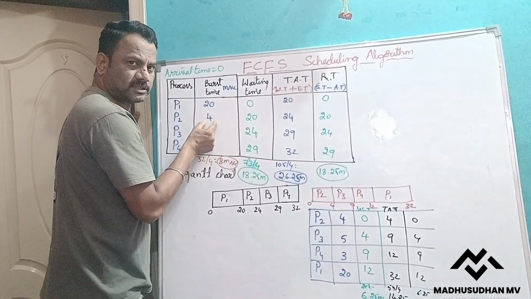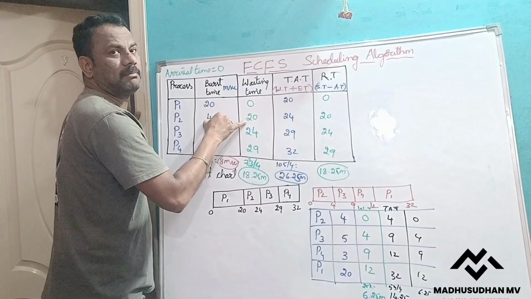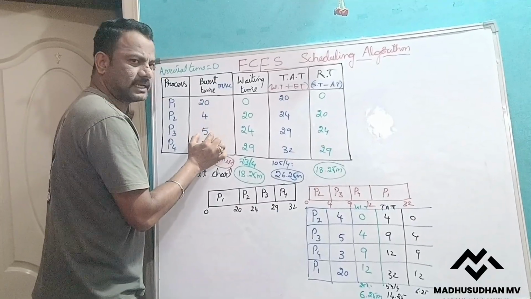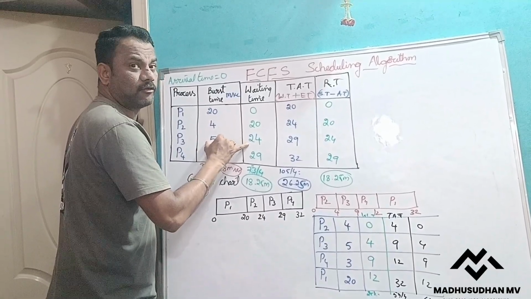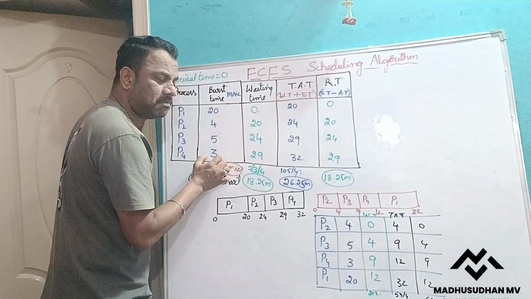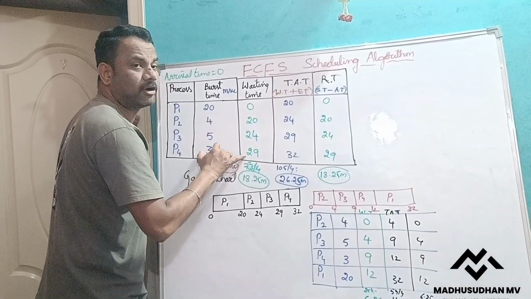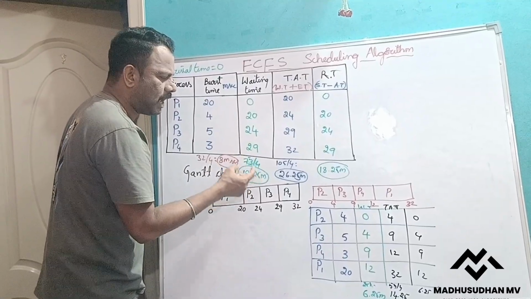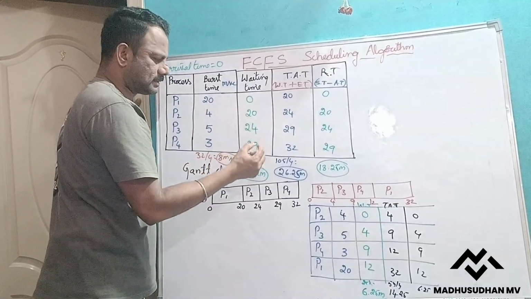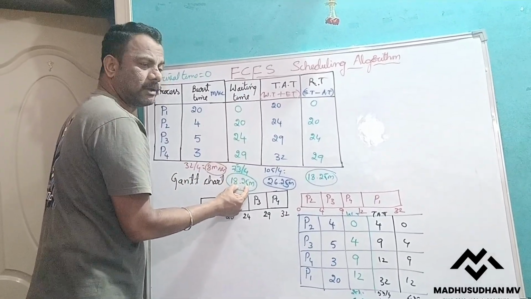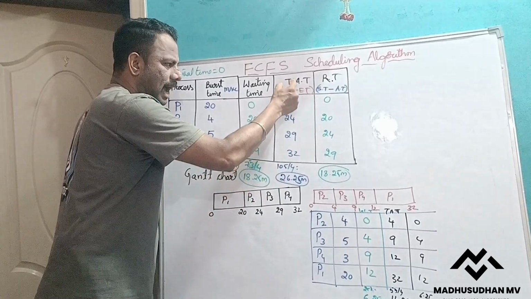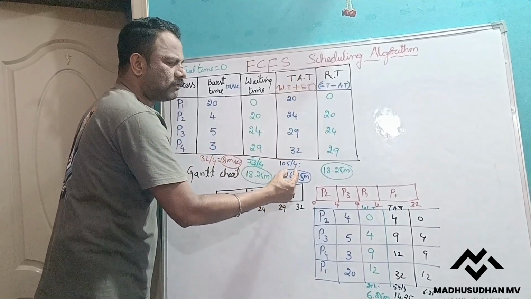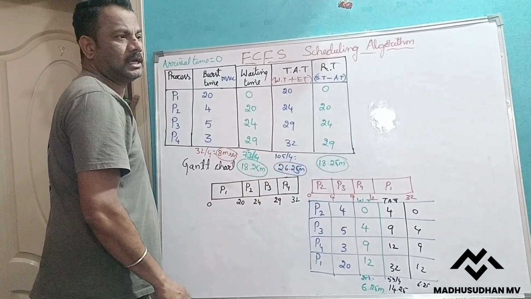To execute 4 milliseconds, it waits 20 milliseconds. To execute 5 milliseconds, it waits 24 milliseconds. To execute 3 milliseconds, it waits 29 milliseconds. The average waiting time is about 18.25 milliseconds, and similarly the average turnaround time is 26.25 milliseconds.